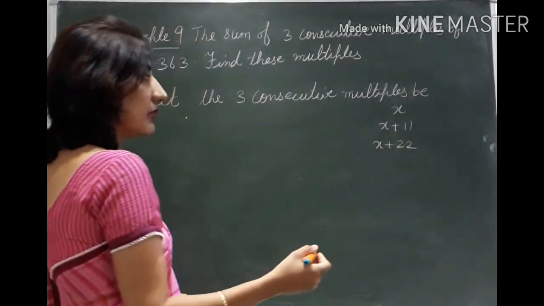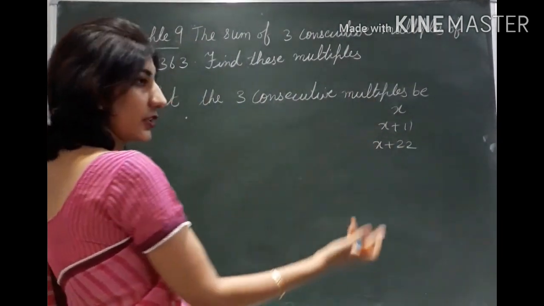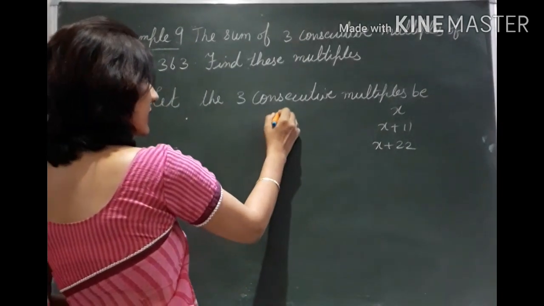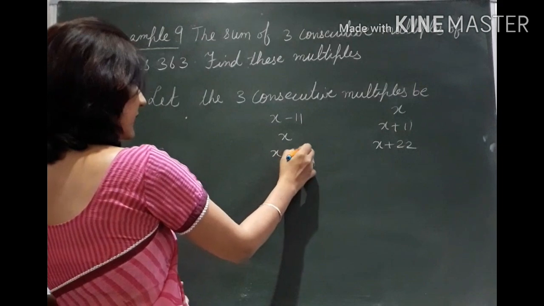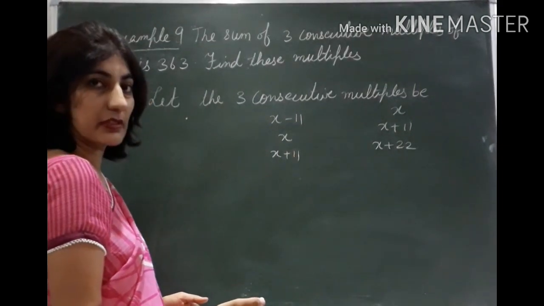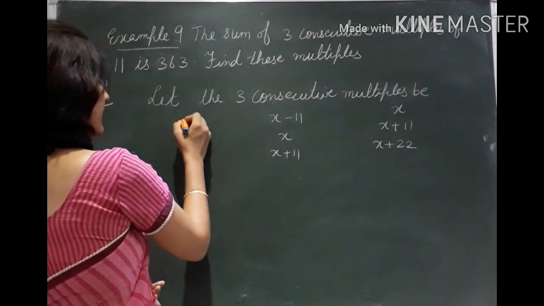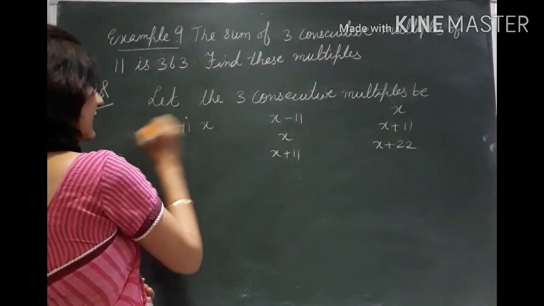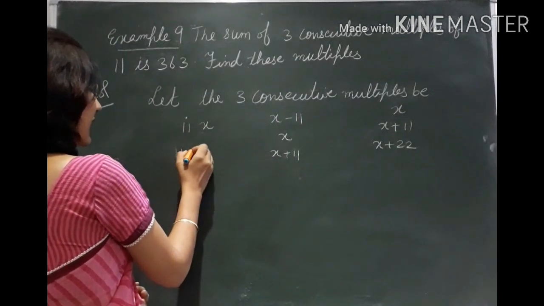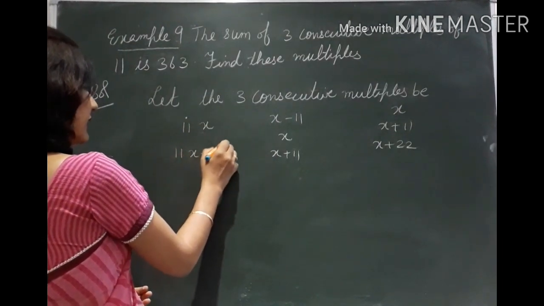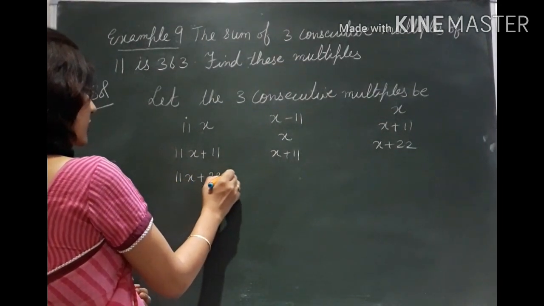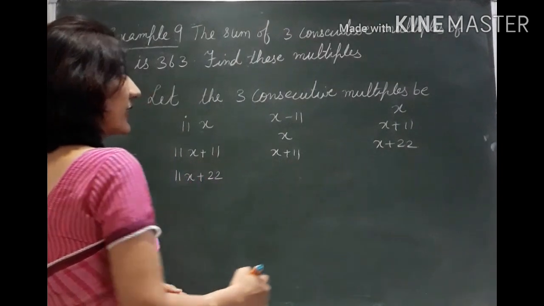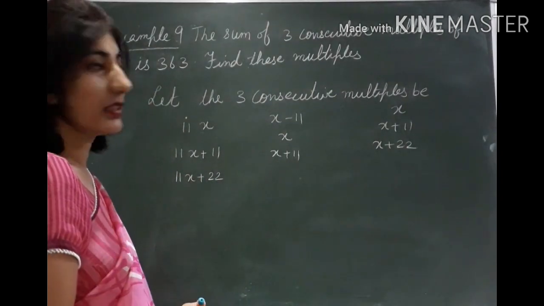See, when they are multiples of 11, either you can take this set of multiples or you can take like this also, x, x minus 11, x plus 11. These are also consecutive multiples of 11, or you can take another set as the first multiple as 11x, second multiple as 11x plus 11, third multiple as 11x plus 22. So any set of numbers you can take and you can find the solution.